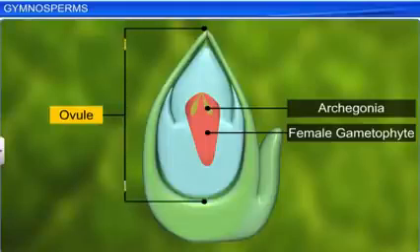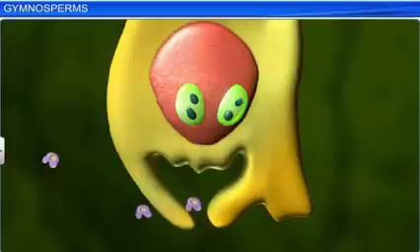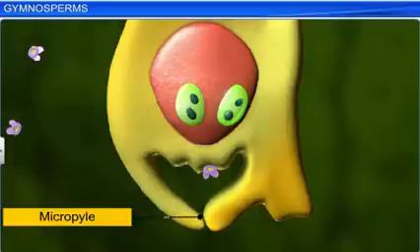The development of archegonia is followed by the fertilization process, during which pollen grains released from the microsporangium are carried by air currents and come in contact with the micropyle, an opening in the ovules.